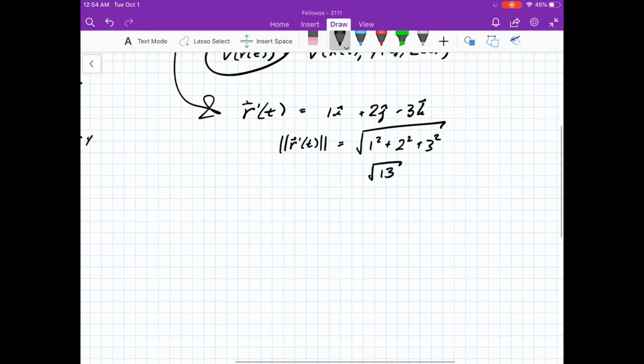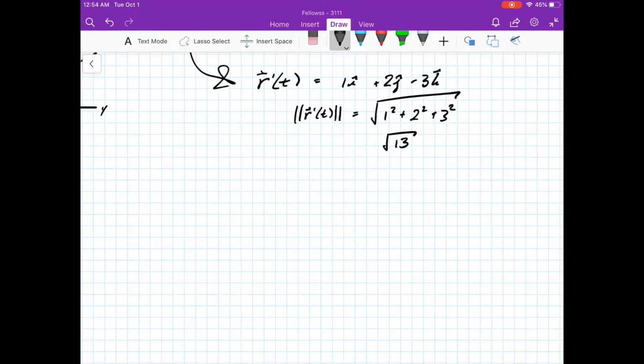We can plug and chug later, but what we can do is say this is r hat prime of t is equal to this divided by this, right? And so we end up with 1 over root 13 i hat plus 2 over root 13 j hat minus 3 over root 13 k hat, right?